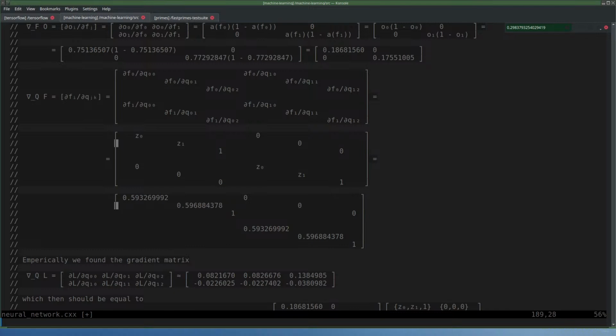Replace. Nope, this does not want to do that. So I'll just insert it and then delete the space.